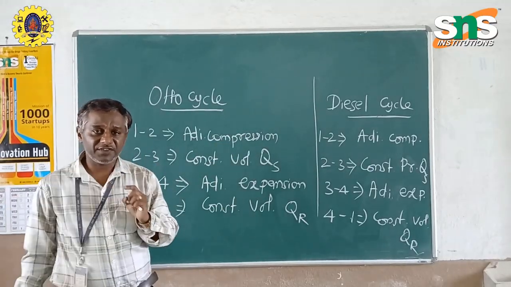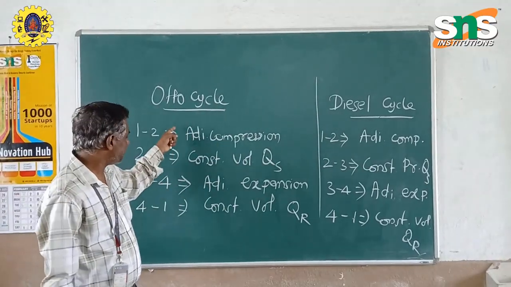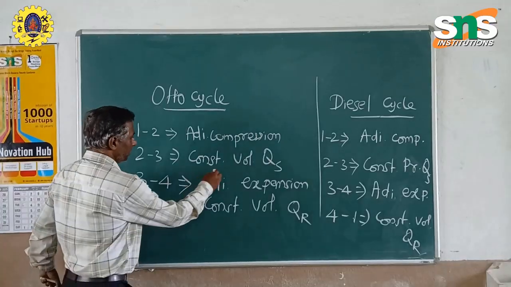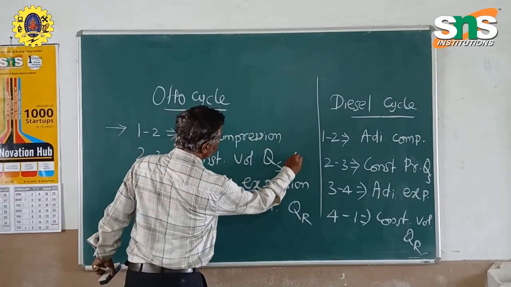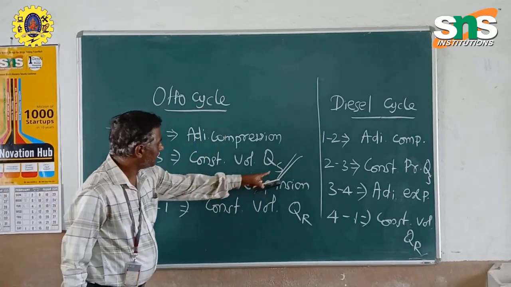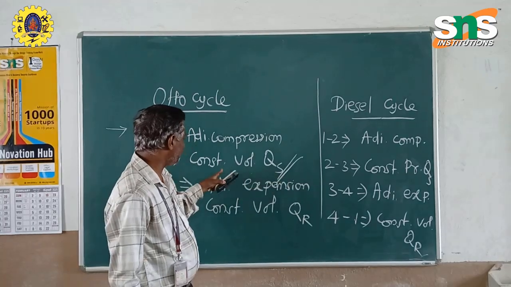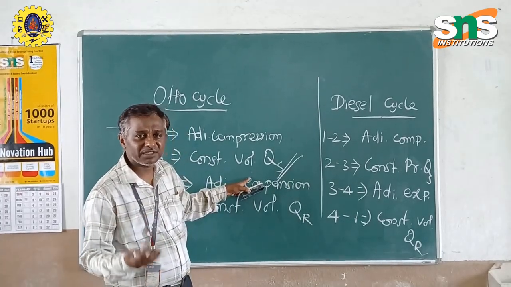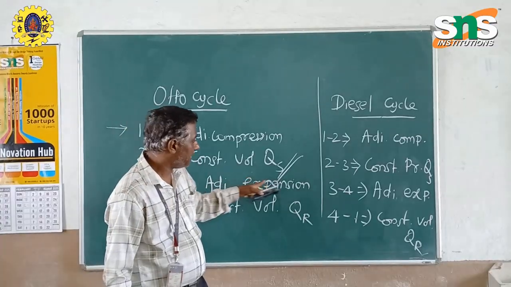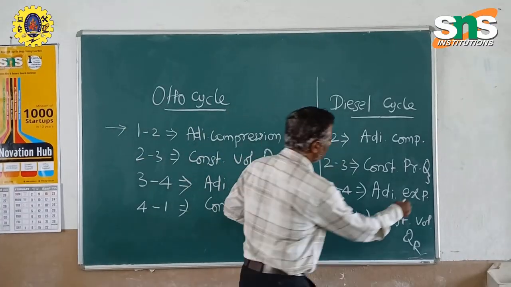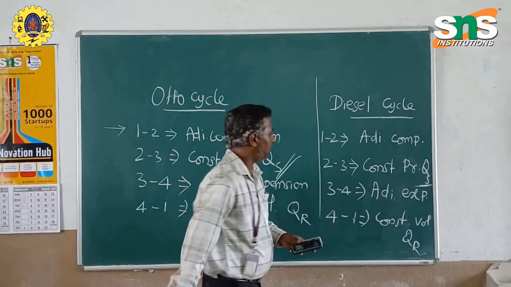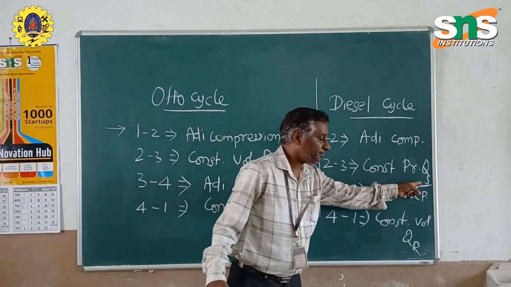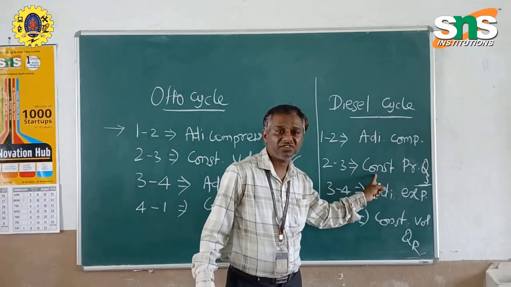Only the difference in processes is in the heat addition. So just note down here, in the Otto cycle heat addition takes place at constant volume. That means we are treating the volume as constant. But in the diesel cycle, the heat addition process takes place under constant pressure.